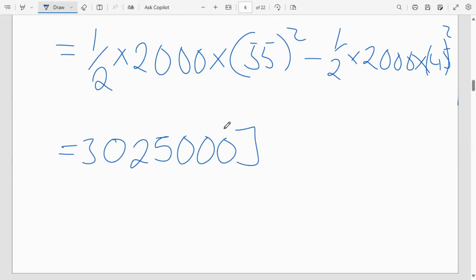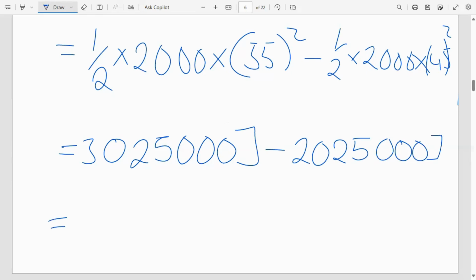And what about the other side where there's KE initial? We're going to get minus 2,025,000 joules, like that. So if I subtract these two figures, I'm going to get a value of 1,000,000 joules. So that's something like a million joules.